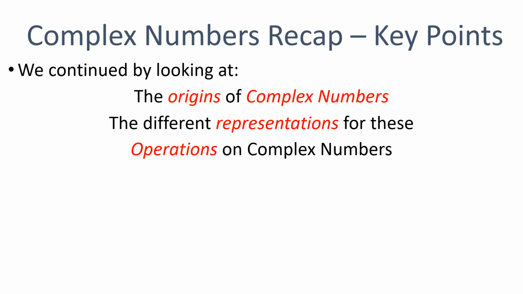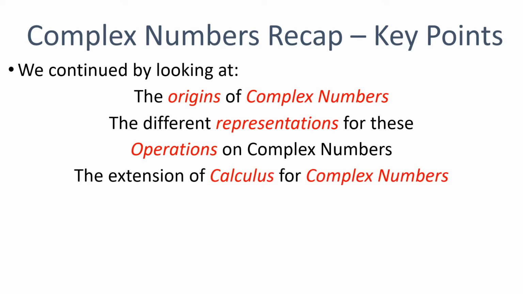We looked at operations on complex numbers, and this is new material this year. We looked at the extensions that are required to classical calculus in order to apply those techniques to the complex arena. We looked at also, very importantly, a number of quite important applications in computer science of complex number theory.